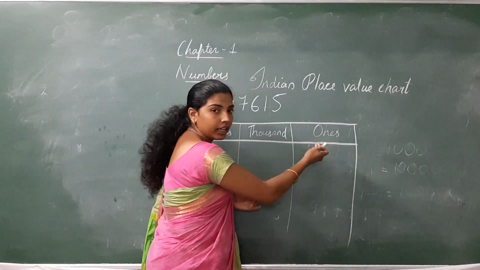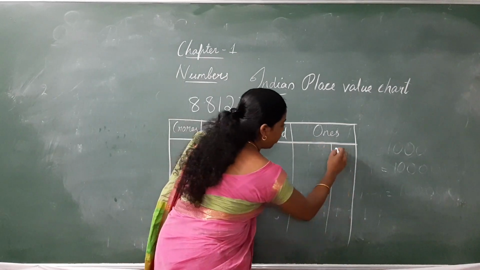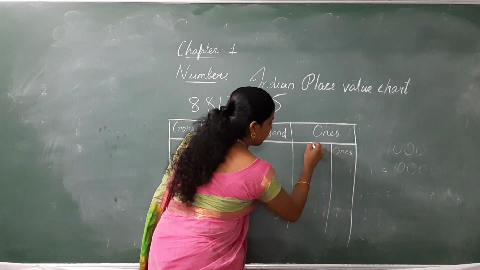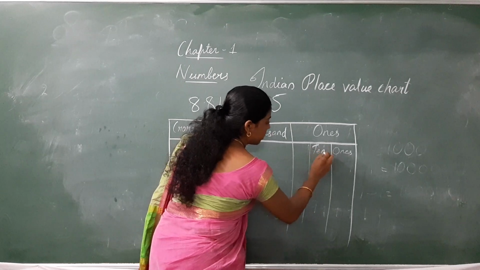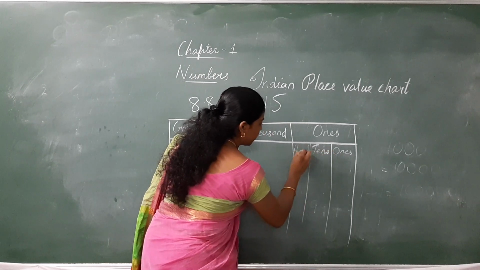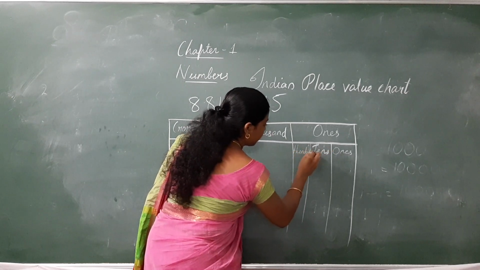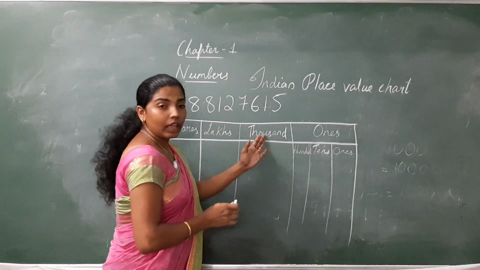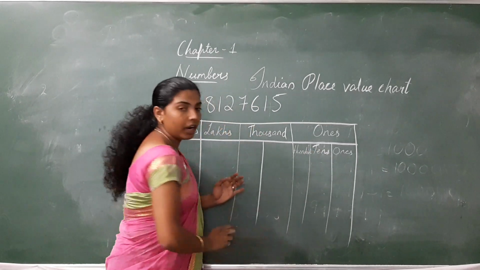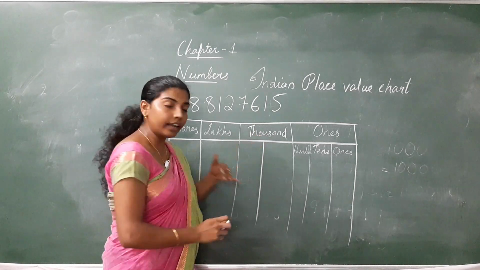Again, this ones period is divided into ones, tens and hundreds. Now the thousands period. The thousands period is divided into 1000 and 10,000.